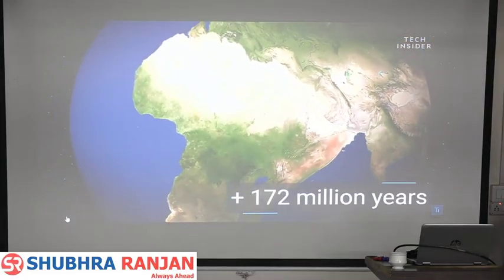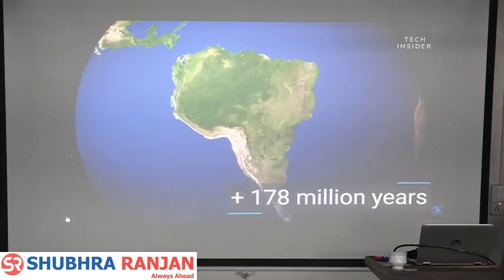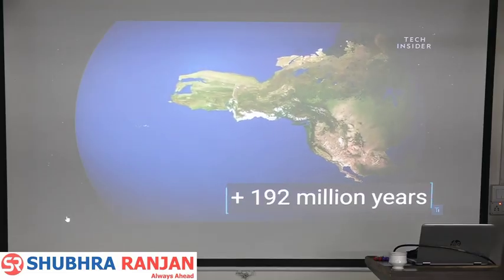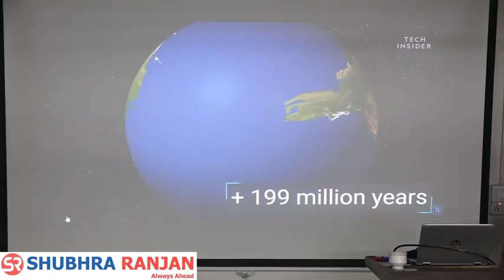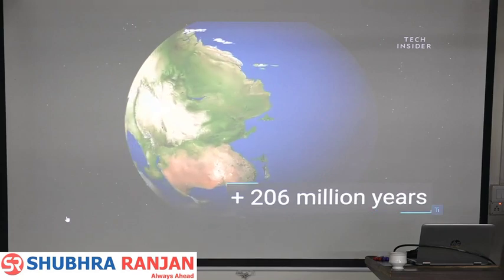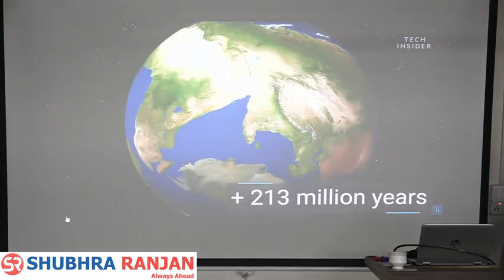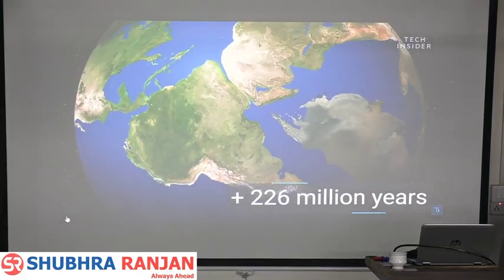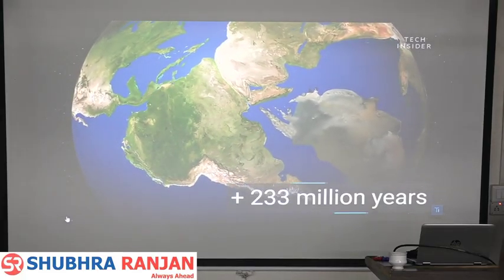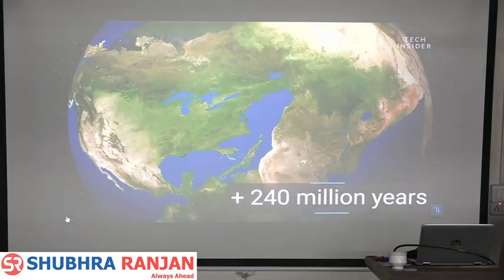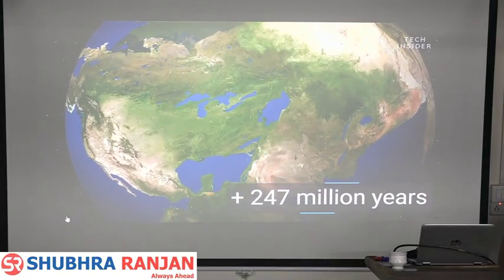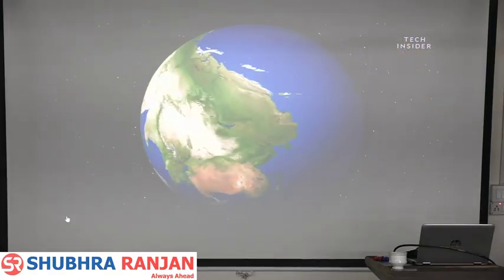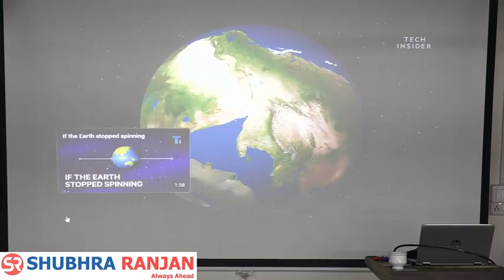Whenever they will clash, it will result into formation of fold mountains. This will be the single Earth after obviously 250 million years afterwards.